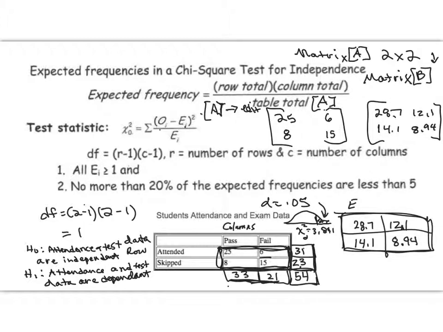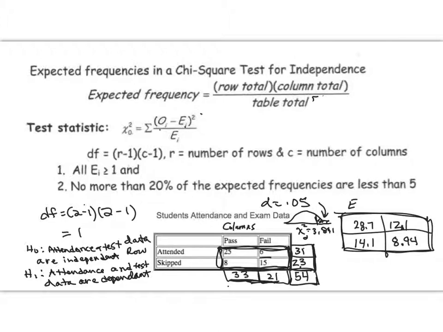I'm going to erase all of this stuff again, so I have more room to write. This looks a lot more complicated than it really is, but I go into stats, tests, so stat, test, and then I'm going to scroll down until I find chi-square.